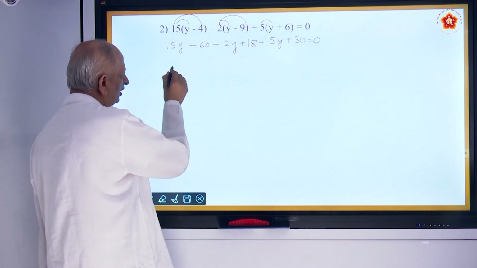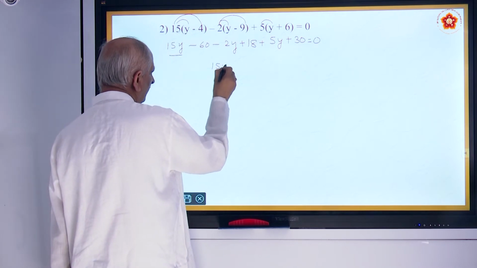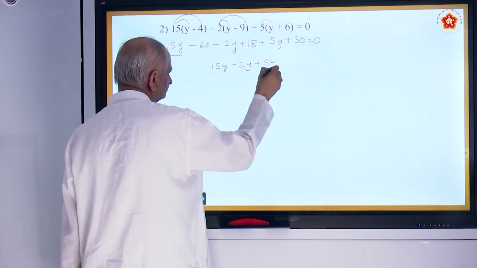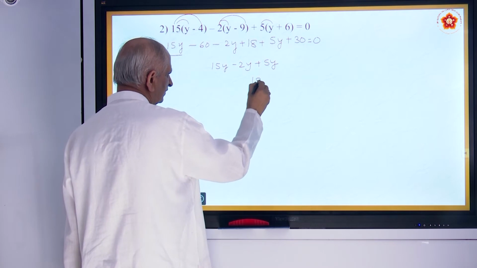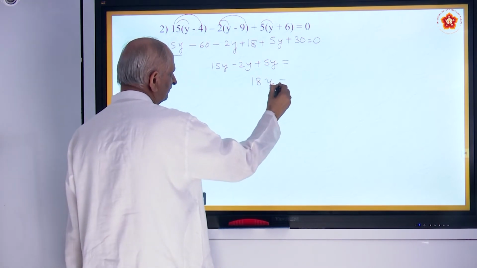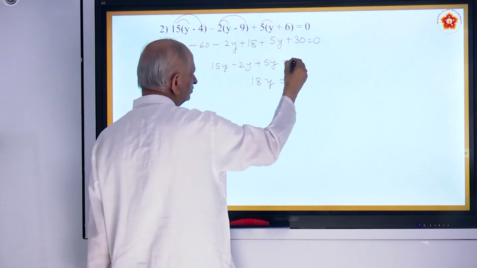Now make all y one side. So you have 15y minus 2y plus 5y. 15 plus 5 is 20, minus 2 is 18. Correct? And bring the numbers on the other side.